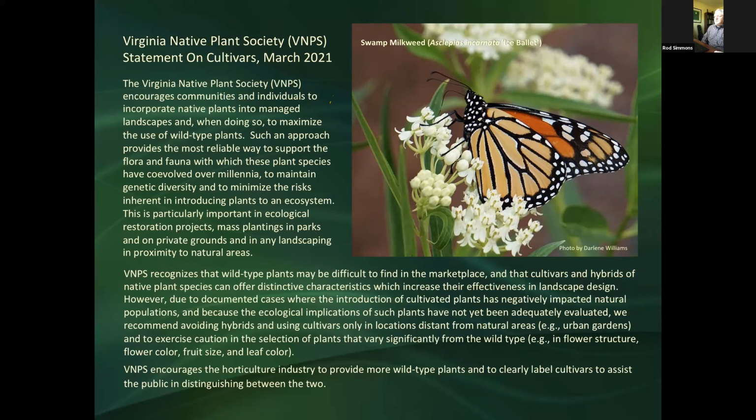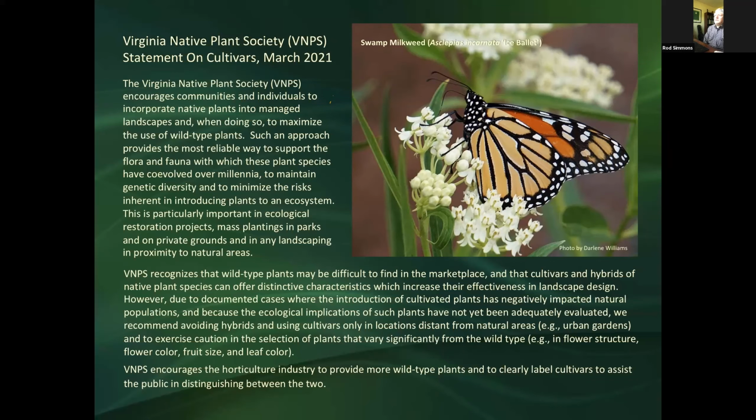So hence the need for the statement on cultivars here, and they did a good job with their policy statement. They're also encouraging the horticulture industry to try to grow locally collected and local provenance seed and plant material. And some companies are doing that.